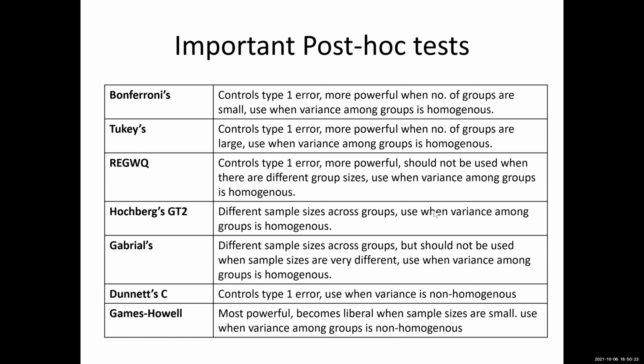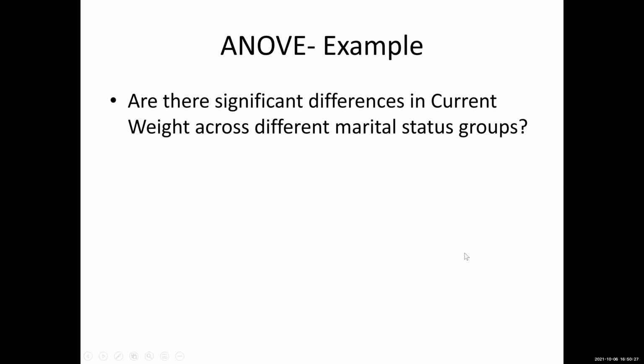Okay, now for example, this is a question which we are interested in exploring. Are there significant differences in current weight across different marital status groups? Now, what's the dependent variable here? Anyone?